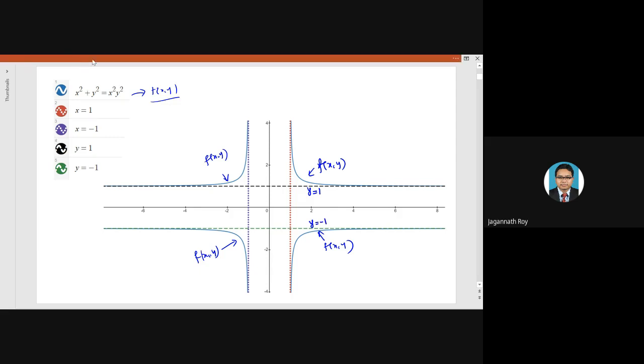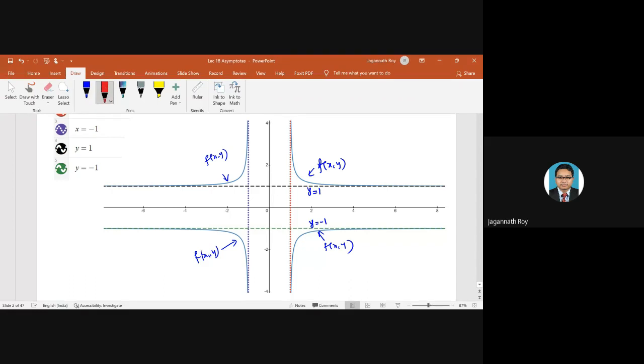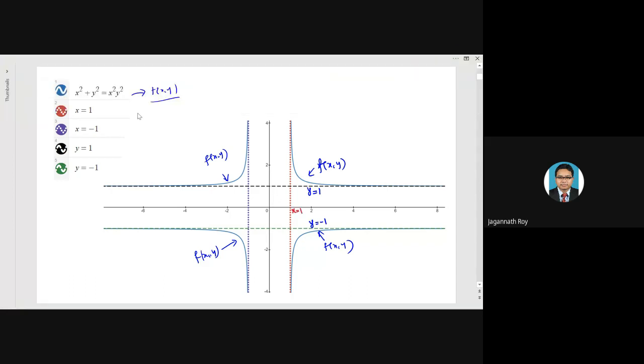Again, this is x equals 1, and this one is x equals minus 1. So if you have this situation, then even if you zoom in on this figure, you may think they are intersecting each other, but they are not. If you zoom in here also, they will never intersect with each other. So with this graphical knowledge, we will try to define a new concept, which we call an asymptote.